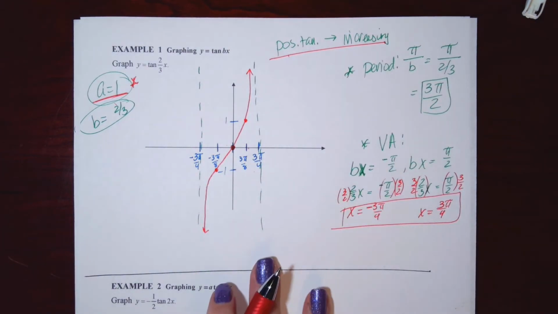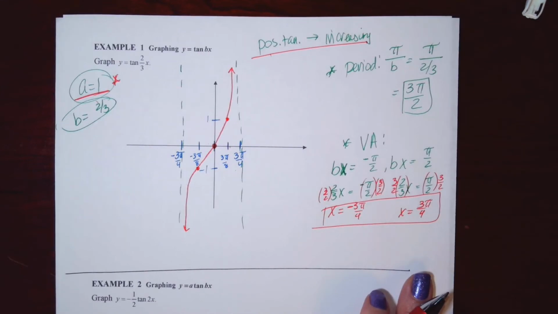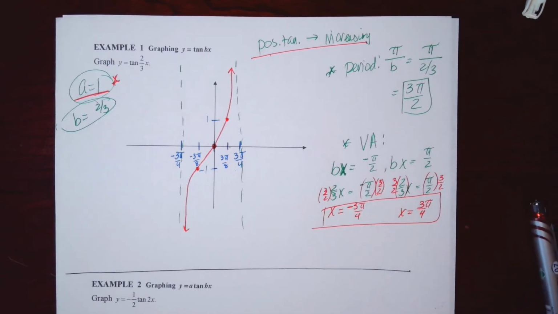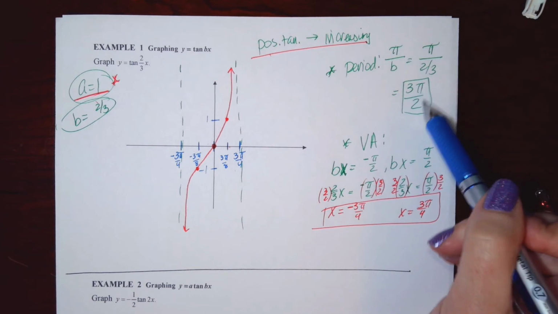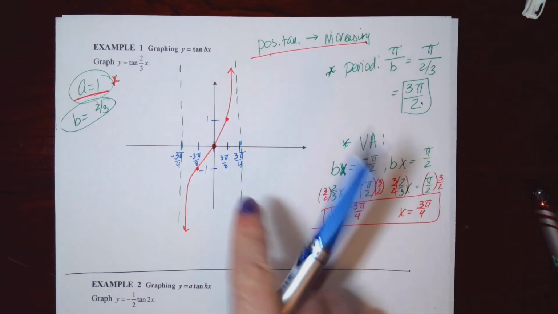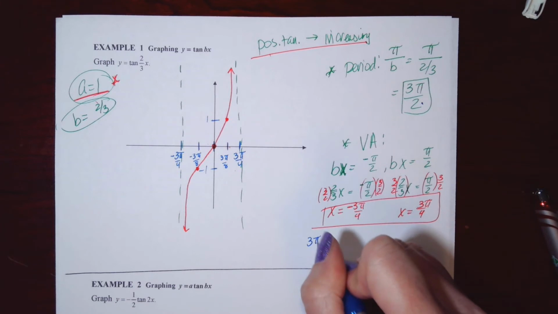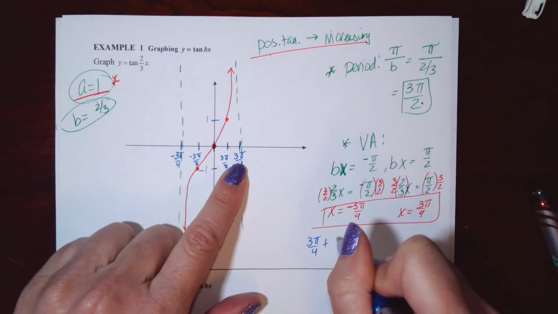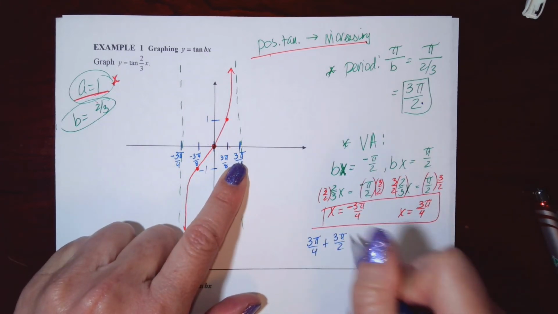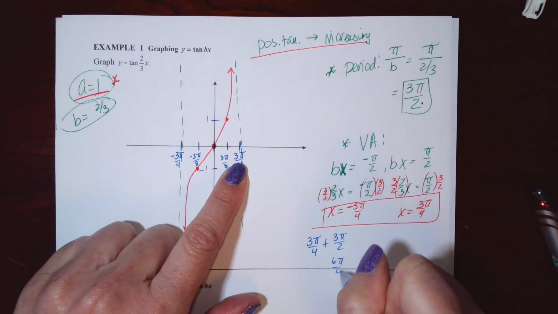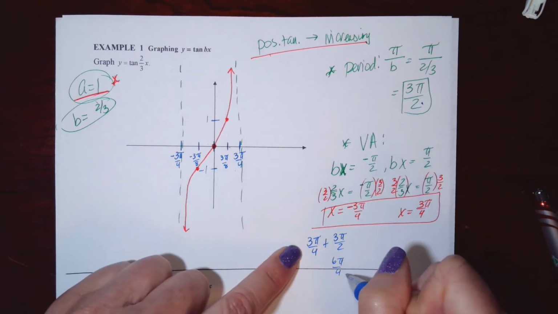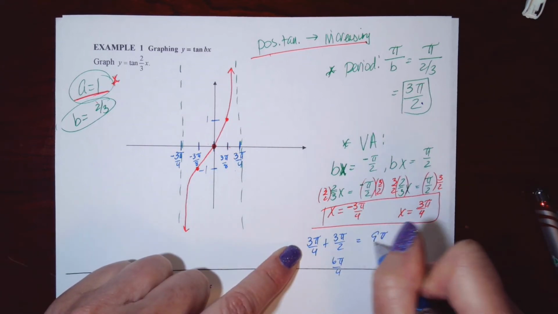What if I needed to do more than one cycle? That's one cycle. What if I wanted to do more than one cycle? Well, my period is 3 pi halves, so I need to add 3 pi halves to this. So 3 pi fourths plus 3 pi halves. Well, 3 pi halves is the same thing as 6 pi fourths. 3 pi fourths and 6 pi fourths is 9 pi fourths.